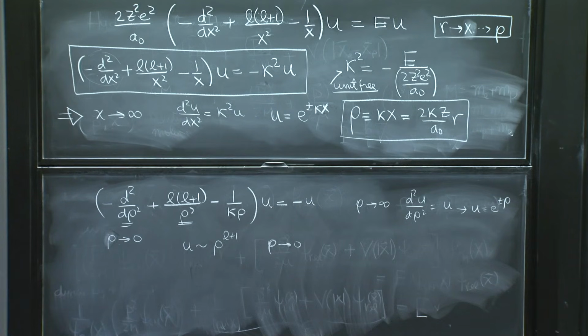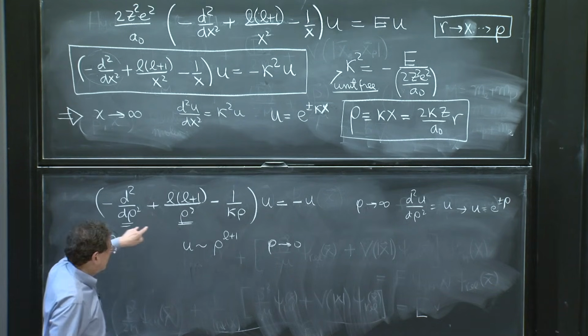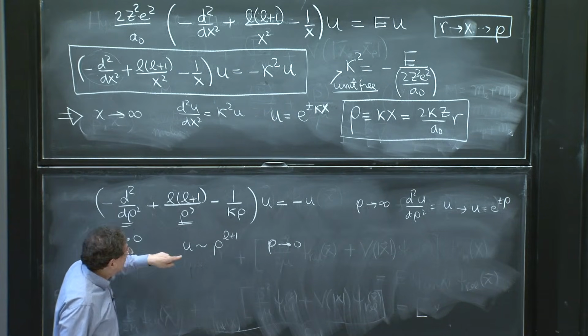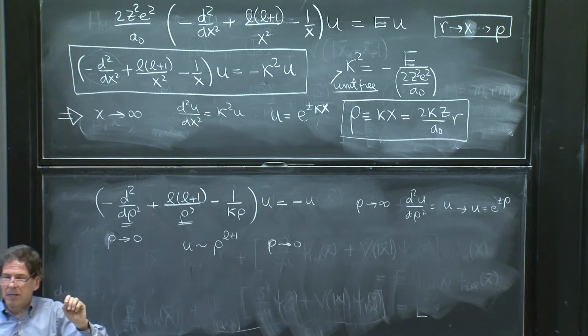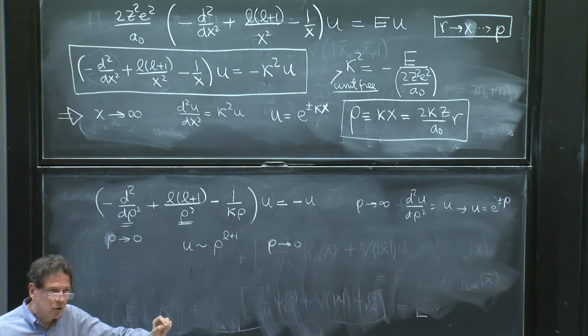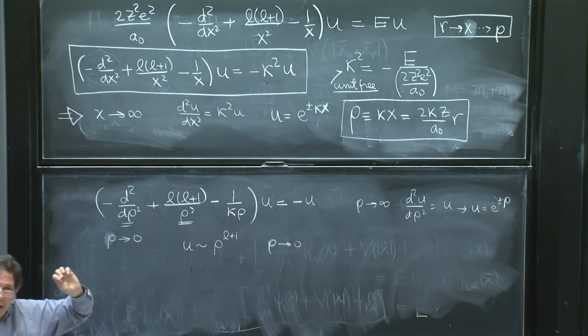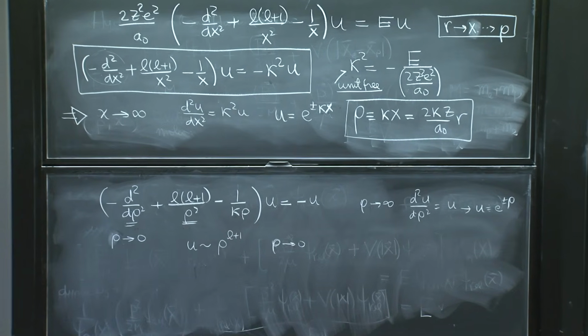So it was from these two terms of the differential equation, and for rho going to 0, remember the wave function must vanish, and how fast it should vanish is this power, rho to the L plus 1. Okay, so you know lots of things about this function.